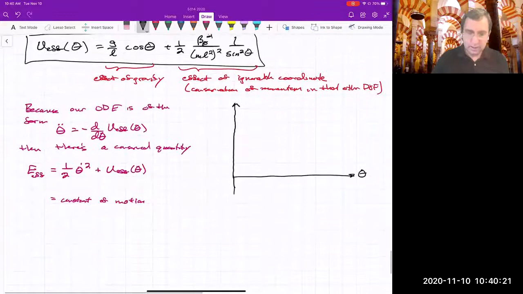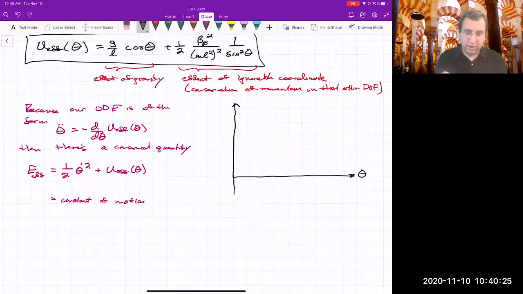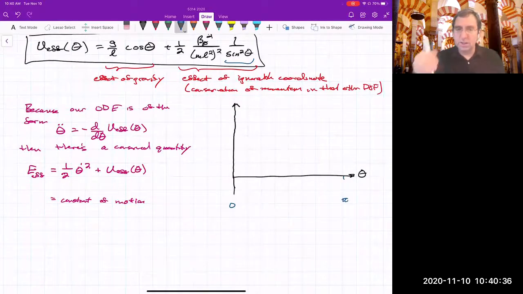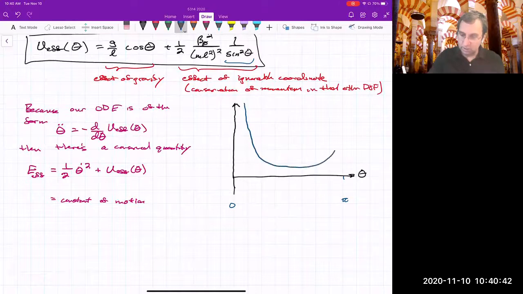And this effective potential, we've got a part due to gravity. The thing that will really dominate is this 1 over sine squared thing. So we're going from like 0 to pi. 1 over sine squared is going to be this giant U shape, and that's pretty much going to dominate. So we've got this going on.